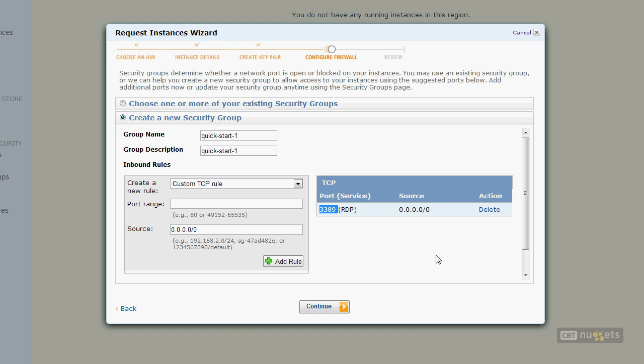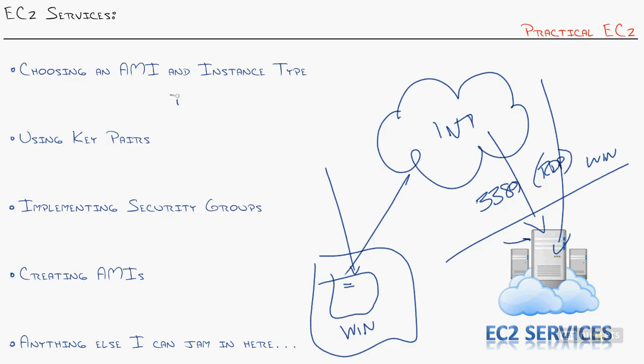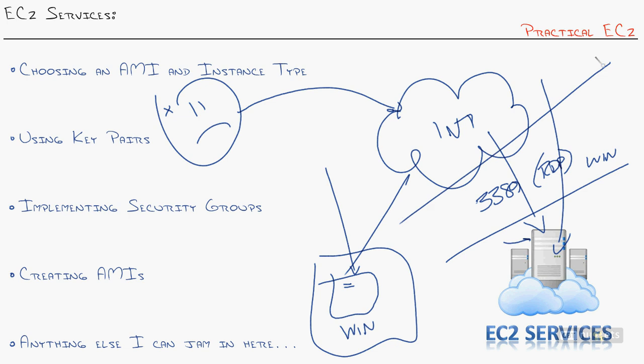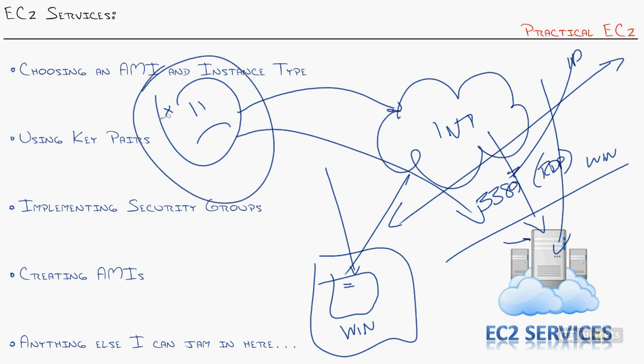The reason why is because anybody out there, let's say evil person X out here in the world, can run a little scanner, an IP scanner that searches the whole internet to try and find IP addresses with port 3389 open. As soon as he finds one, he's like, aha, I now have a server that I can access, and he just starts his little script running to start trying to brute force its way into that server. Let's try the username administrator with a password of password.